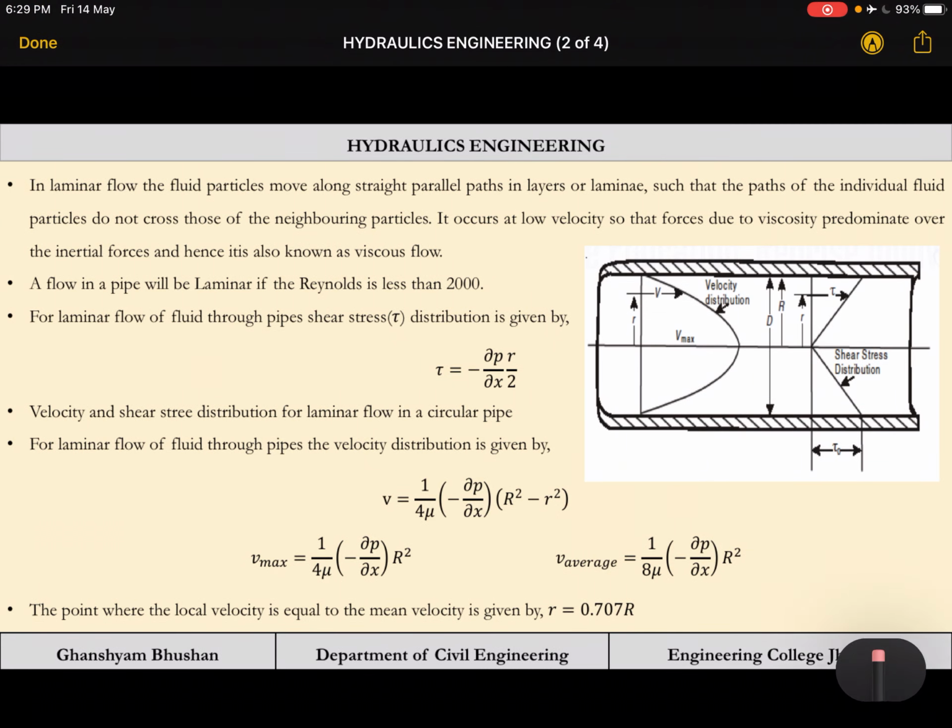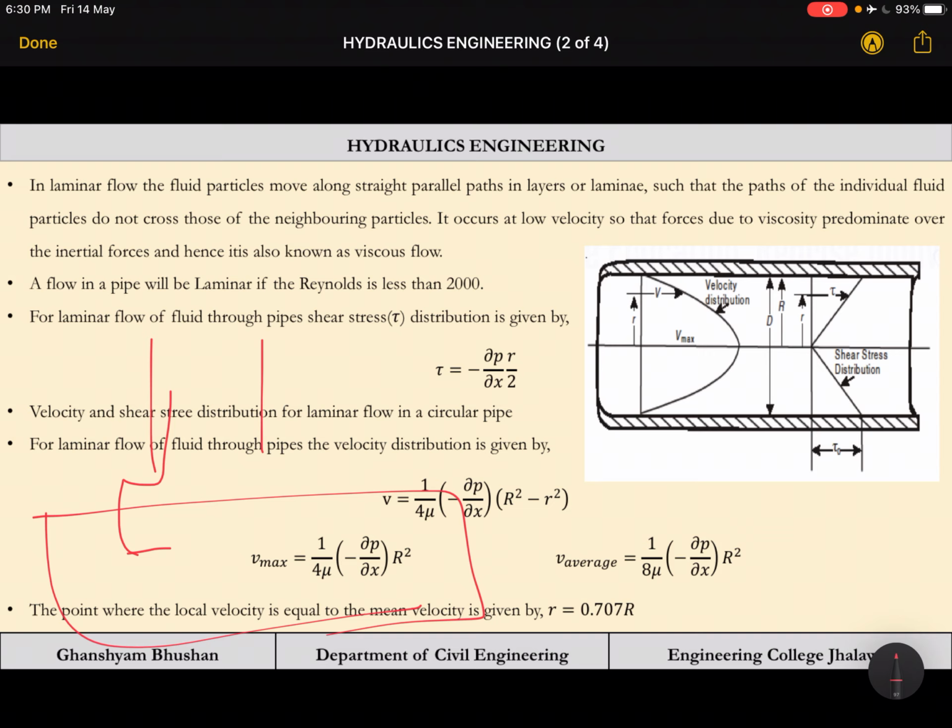Let me try to show you. If this is the door and students are sitting here, this row will come here, the second row here, and the third row here. Like that they will move in parallel lines, and they are not mixing. No student from row 1 is allowed to go into row 2. This type of flow is termed laminar flow.